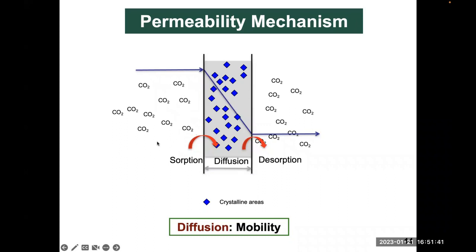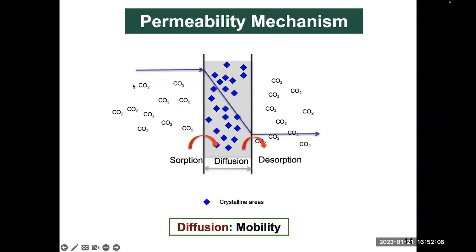Now consider on the left hand side, the pressure of gas is higher. On the right hand side, the pressure of the gas is lower. Consider in this case you have carbon dioxide. So the movement of molecules will occur from left to the right, from higher to the lower.